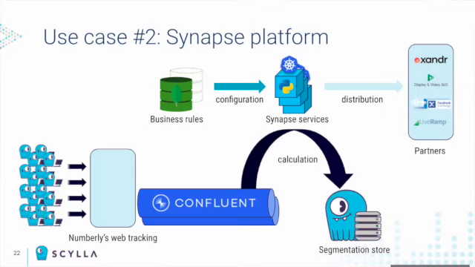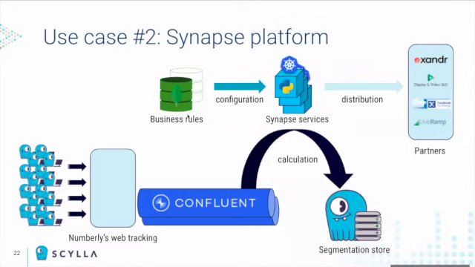We then use a set of Synapse microservices to apply business rules while data is moving. Whenever data matches a business rule, the information is persisted in Scylla with a mandatory TTL, of course for GDPR, and also to ensure that if there is no update, the data is deleted and the individual is removed from the segment. Automatically, of course.